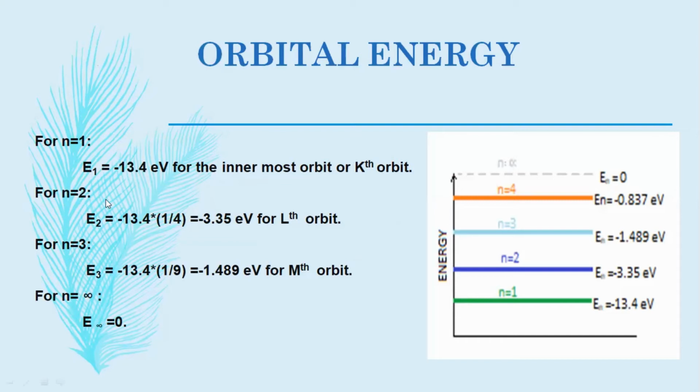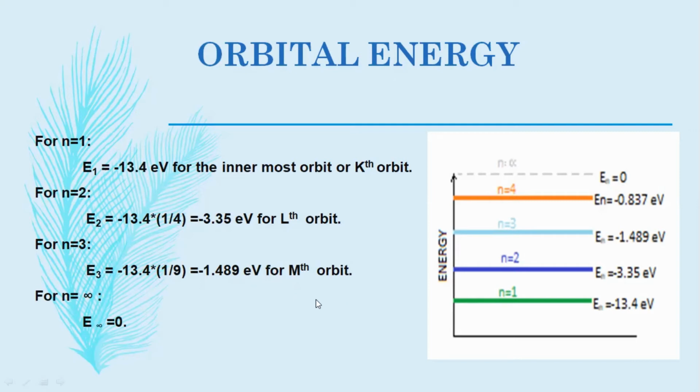If n is equal to 2, then the orbital energy is much smaller: minus 13.4 into 1 upon 2², meaning 1 upon 4, so it is minus 3.35 electron volt. If n is equal to 3, you will have minus 1.489 electron volt.